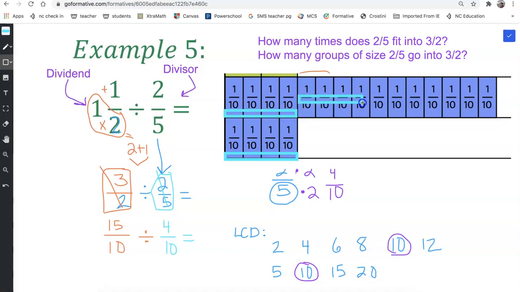There's two groups of 4/10. 3 groups of 4/10, and look, we don't quite have another set. So I'm going to start by typing that this will be our quotient, our answer. I can see 1, 2, 3 sets of 4/10.